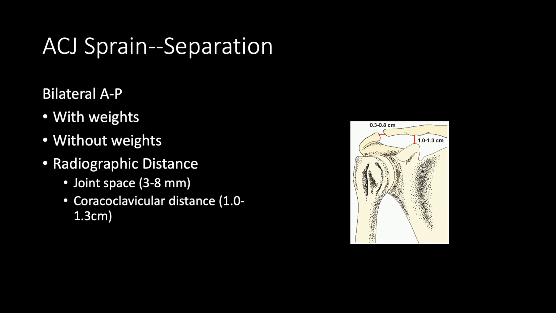So this should be within 0.3 to 0.8 centimeters, or really 3 to 8 millimeter separation, no more than that. And you should have about a 1 to 1.3 centimeter difference here in the coracoid space. So those are the parameters we're looking at to determine if there is a sprain in this joint.